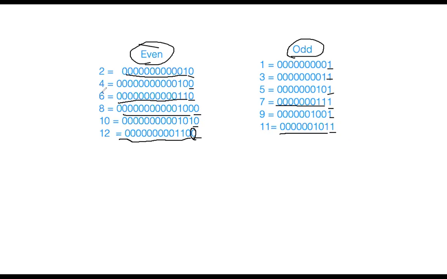Take the example of 6 and 7. If 6 is there, its bit pattern is 0 1 1 0. I want to mask 0 1 1. I want only the last bit. So how to get the last bit? Mask operation is nothing but your AND operation.